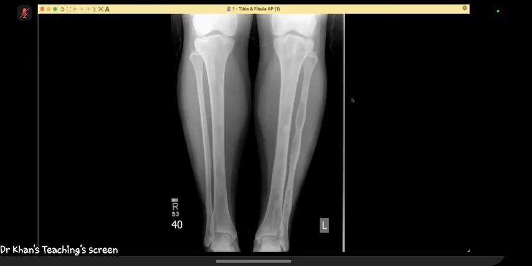I can see there are multiple areas of sclerosis alternating with other areas of hypodensity. This may indicate areas of activity.